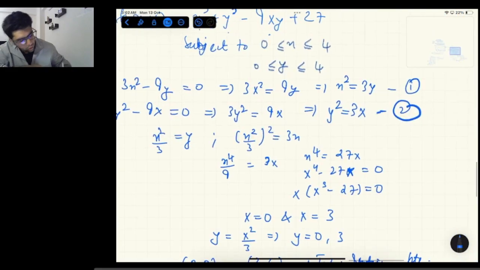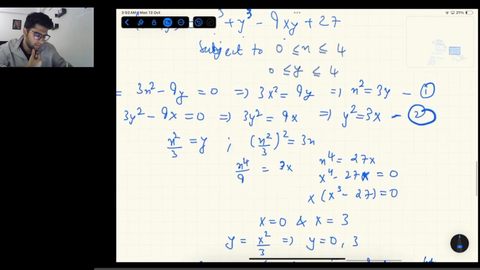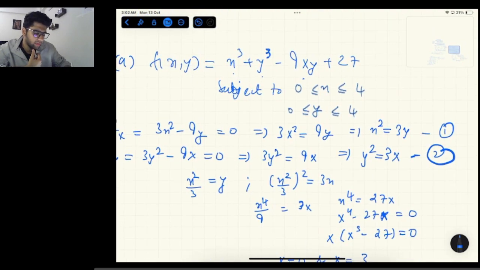If I just go to my function, this gives me x cube is 64 plus y cube minus 9 into 4, 36y, plus 27. So 64 plus 27 becomes 91 plus y cube minus 36y.